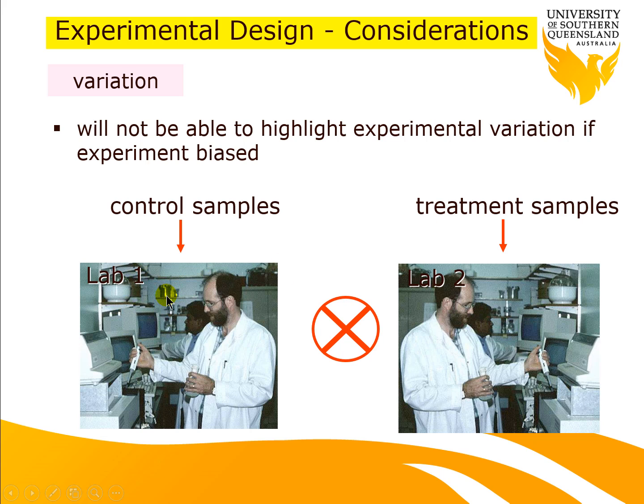This would also work even if we were just working in one lab and we did all of the control samples on day 1 and all of the treatment samples on day 3. That could also introduce unwanted variation in a way that would exacerbate the difference between our control and treatment groups, but not really be a true measure of the true variation between those groups.